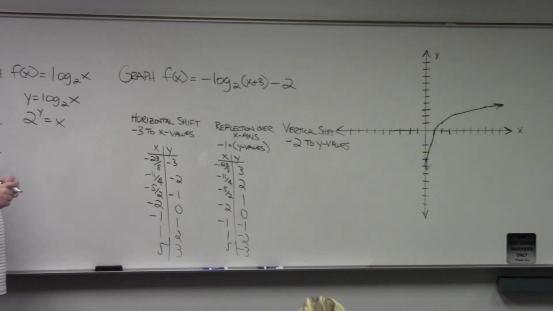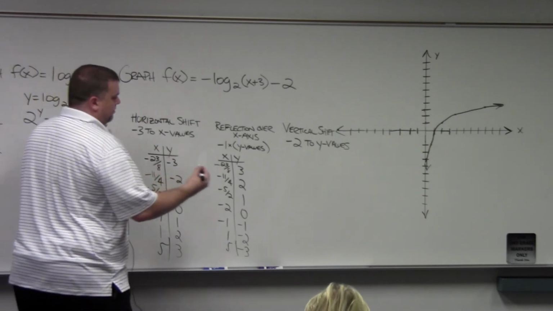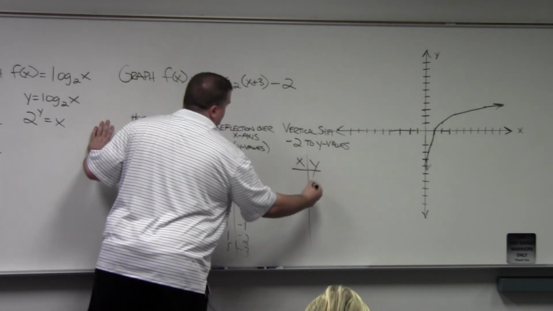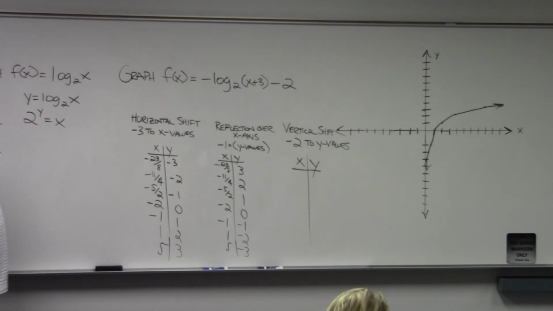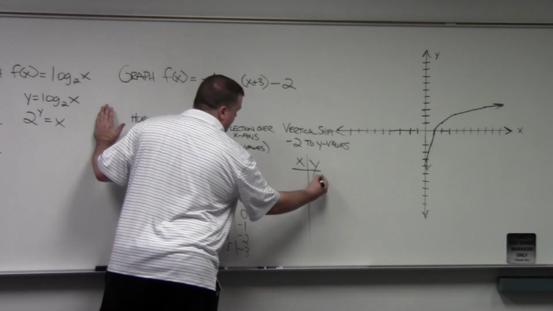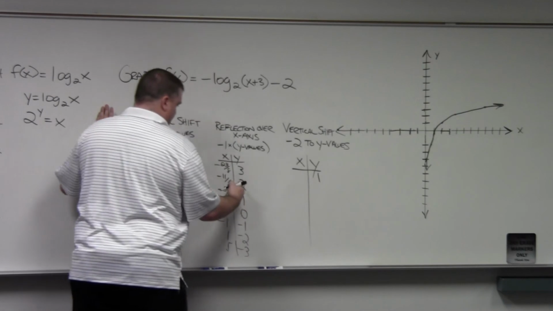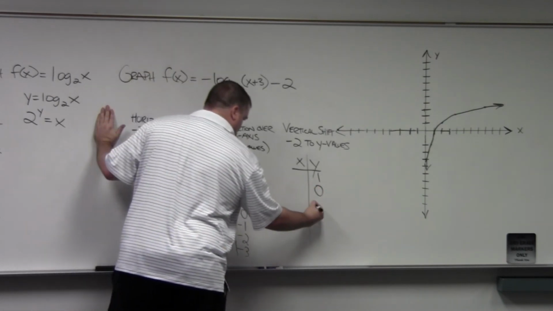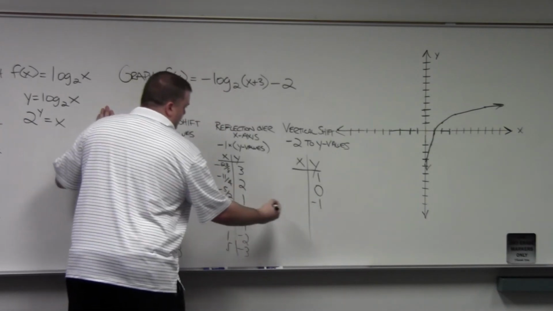One more transformation, vertical shift. I'm subtracting 2 from all of my y values now. So starting with 3, 3 minus 2 is 1, 2 minus 2, 0, 1 minus 2, and keep on going.